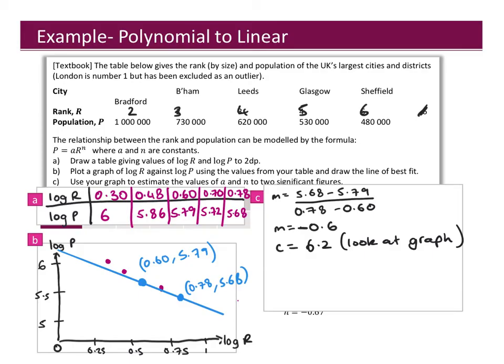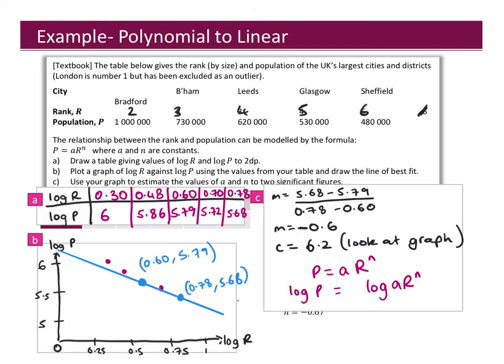Now, it wants A and n. Let's really think about this. You won't have to work this out every time because you'll get to know this, right? P equals A R to the power of n. If we log everything, I'm going to get log of P equals log of A R to the power of n.